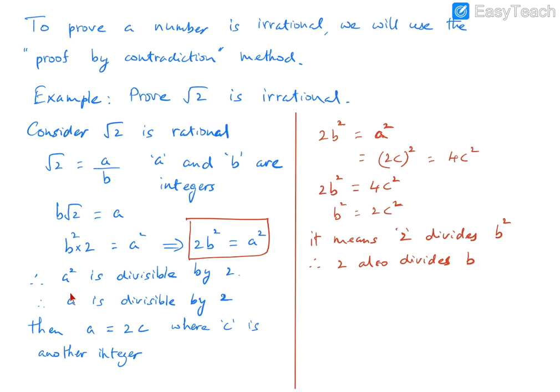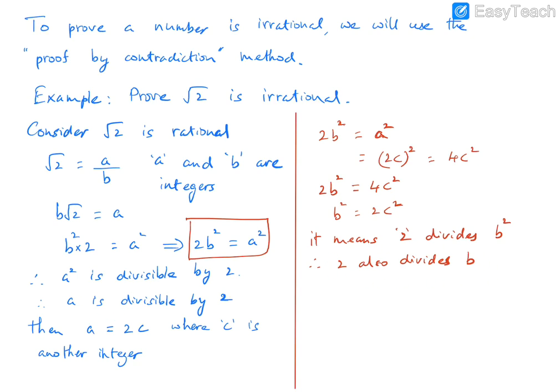But here we have a is divisible by 2. That means a has a factor 2. And here we have b is divisible by 2. That means b has a factor of 2. And this contradicts our initial condition that a and b have no common factors other than 1. So we have a factor 2 for a and a factor 2 for b as well.